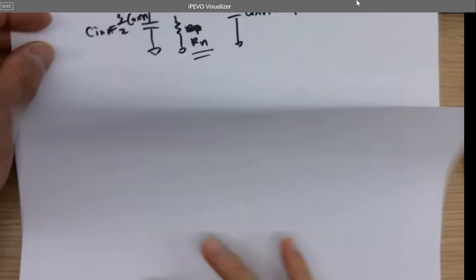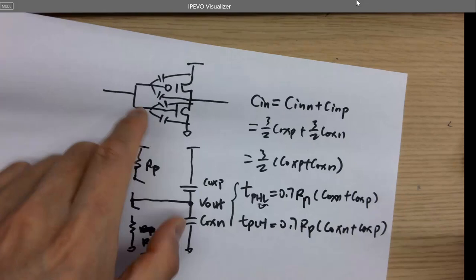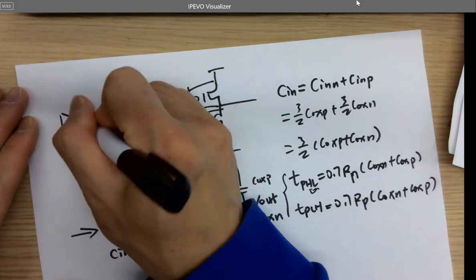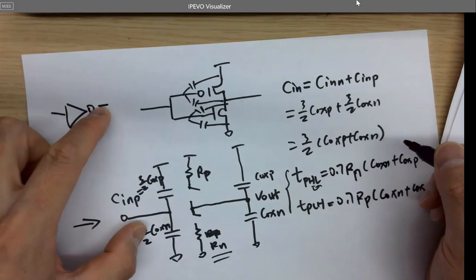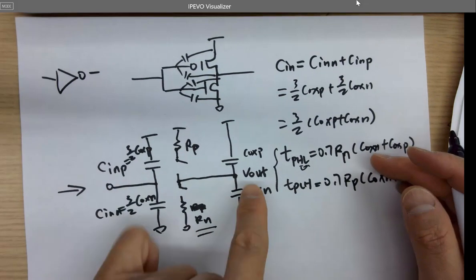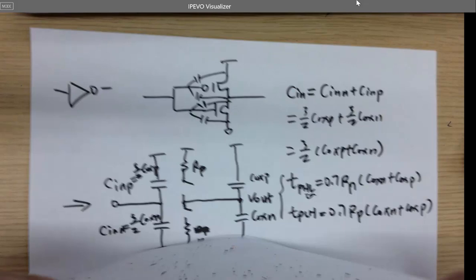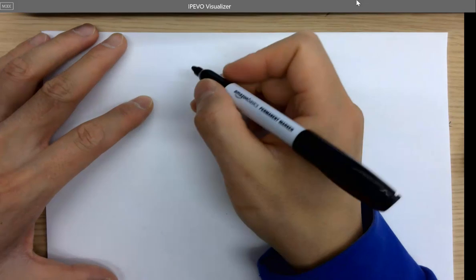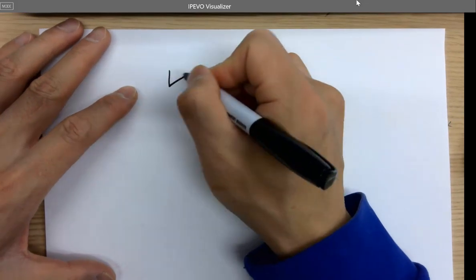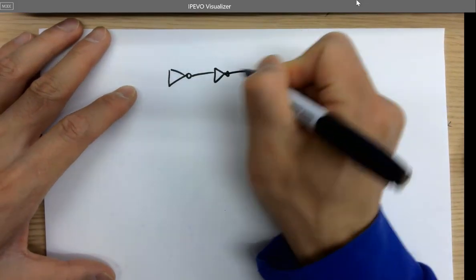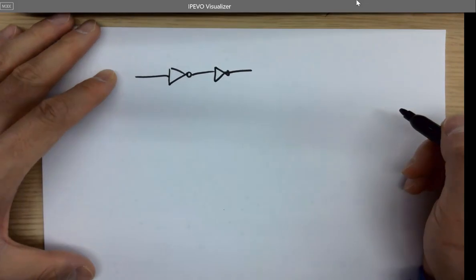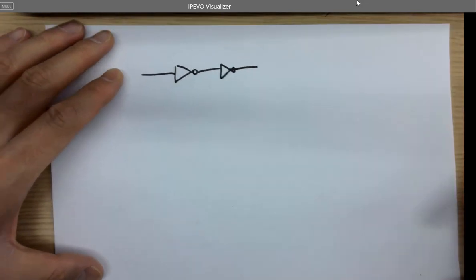Okay, this is just one inverter, right? Input, output, input, output. A lot of times in digital circuits, you have buffers and a lot of inverters put in series or in a ring, right? So it looks like this, which makes the situation more complicated.